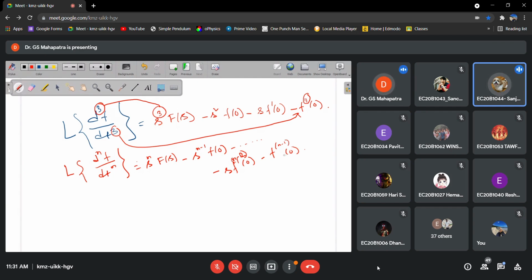But if it is third order, what is the last derivative? Second, sir. That is the only last term, sir. Like you can take n minus 2 for last. Yeah, okay, correct. s square. So it is s square, correct?